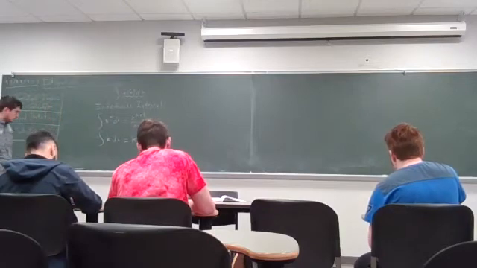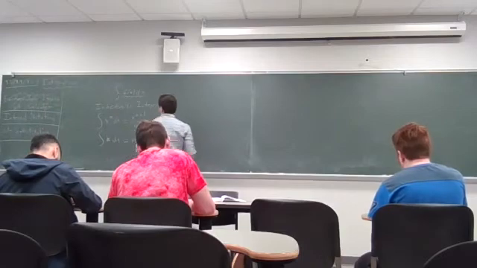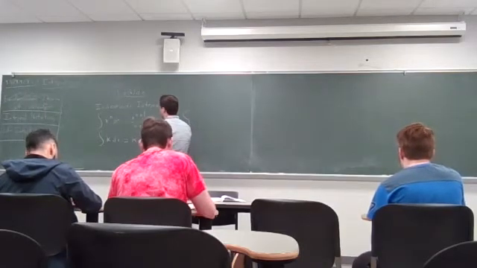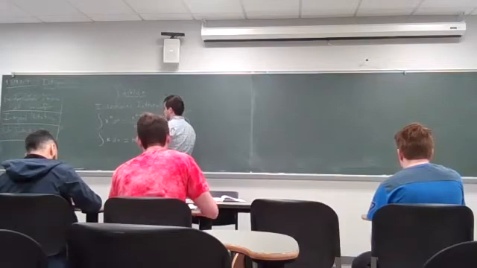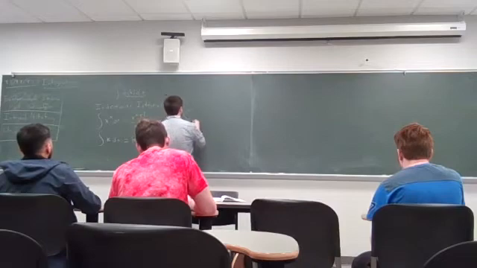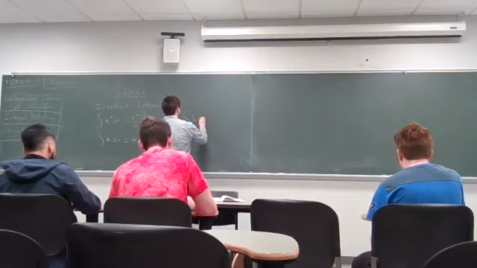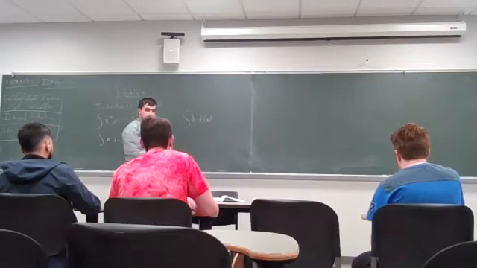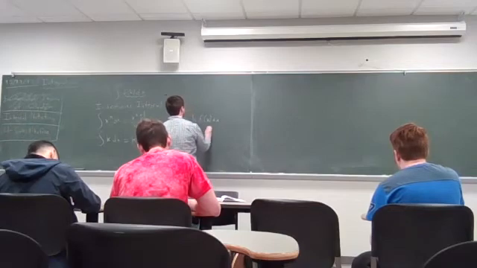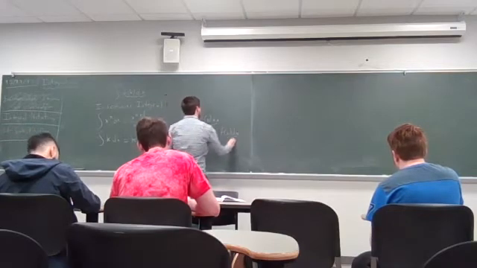Okay, and now I wrote k times x to the n in the antiderivative section, but we're going to be going a little bit beyond x to the n. So I'm going to write k times f of x. This is the same thing as k times the integral of f of x.